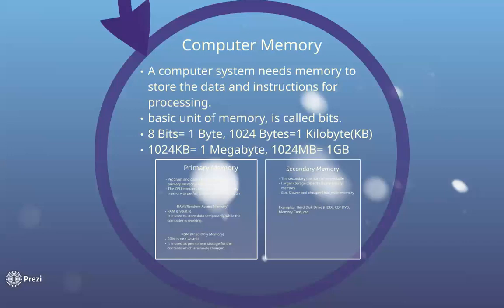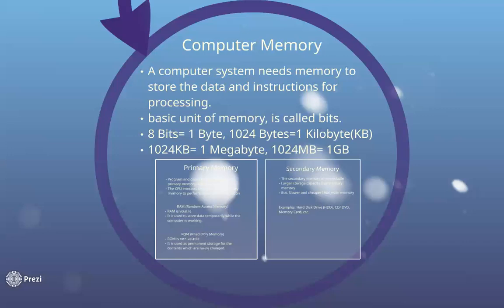GB is gigabytes. There are more notations in that. Like if we write 1024 GB, that is 1 TB. These days we have external hard disks of 1 TB, 2 TB, that is terabytes.